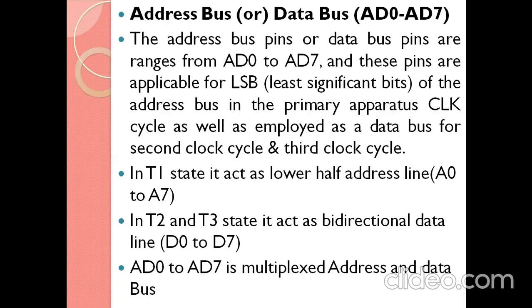In the T1 state, these 8 lines act as address lines, and in T2 and T3 they act as data lines. So in T1 state it acts as a unidirectional address line, and in T2 and T3 states it acts as a bidirectional data line.